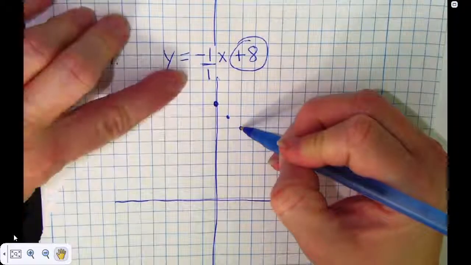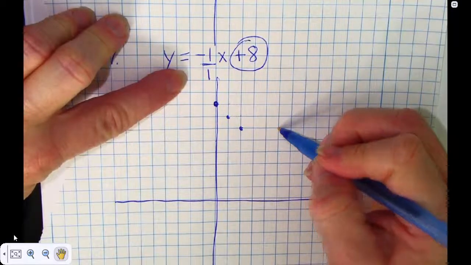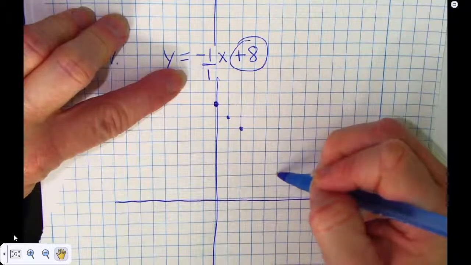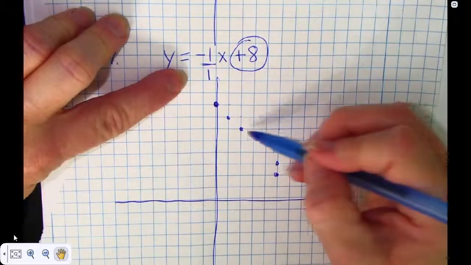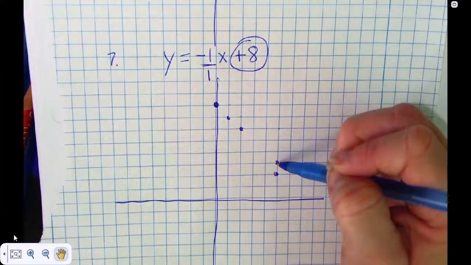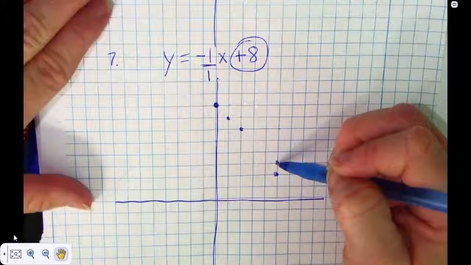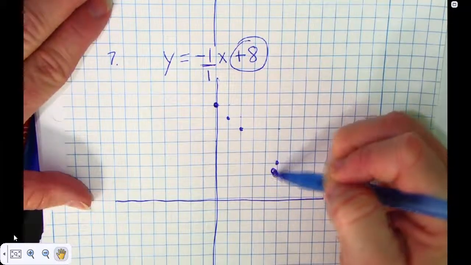We could even run 3, down 3, because 3 over -3 equals -1. That's not supposed to be right there. Ignore that.